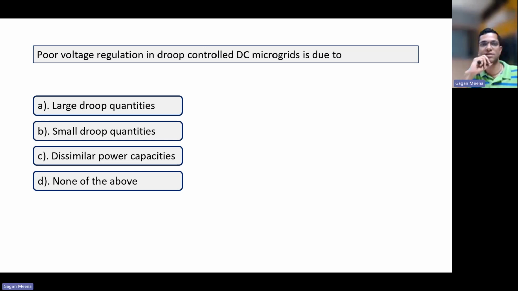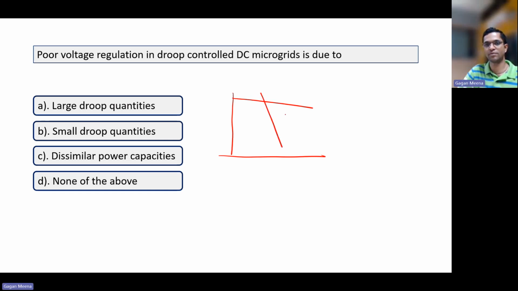Poor voltage regulation in group control DC microgrid is due to, this also we have seen. If there is a small group versus a large group, in which case is it correct?